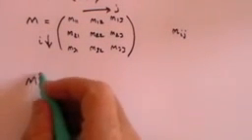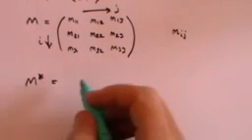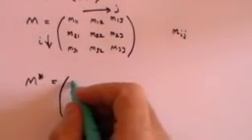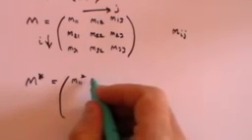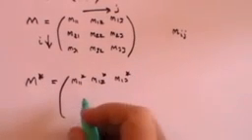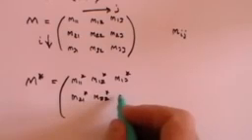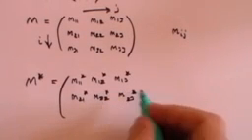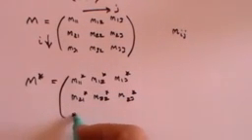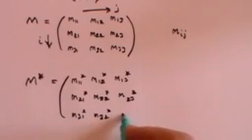Now, I can create a complex conjugate of that matrix, which we call M star, and guess how I do it? You're absolutely right. We simply take the complex conjugate of each element in the matrix. So I've now got to write out each element, but for each one I simply put a star, meaning that each element of the matrix has been complex conjugated. We know what that means.